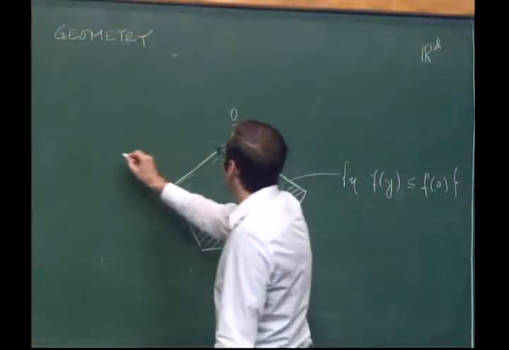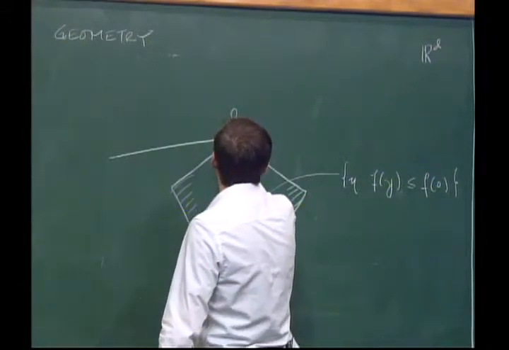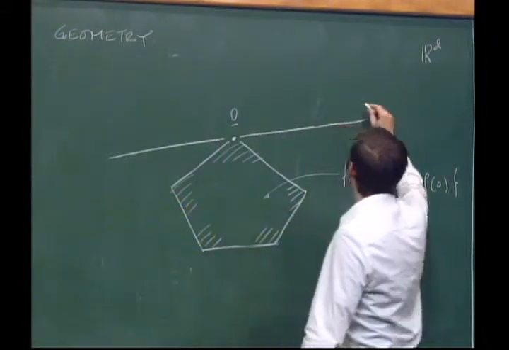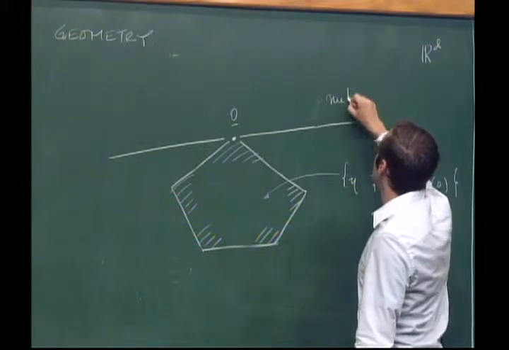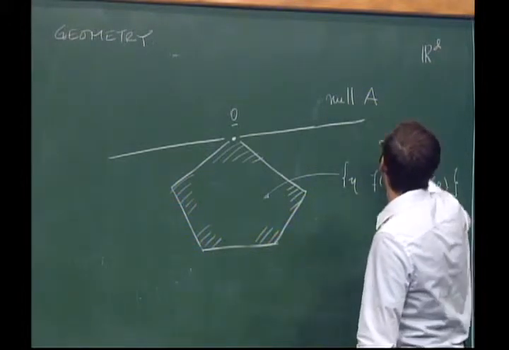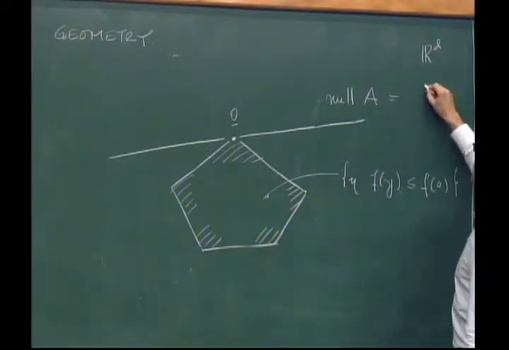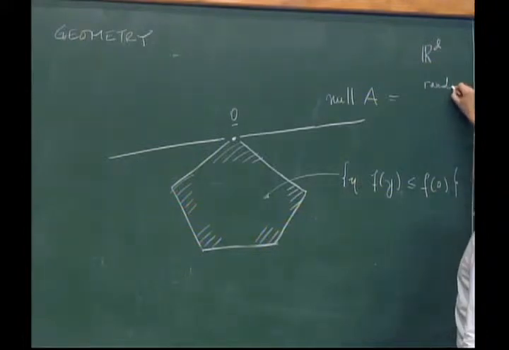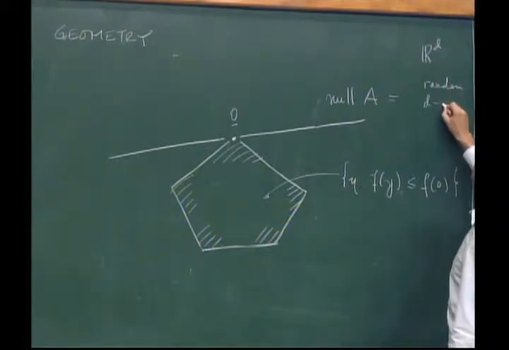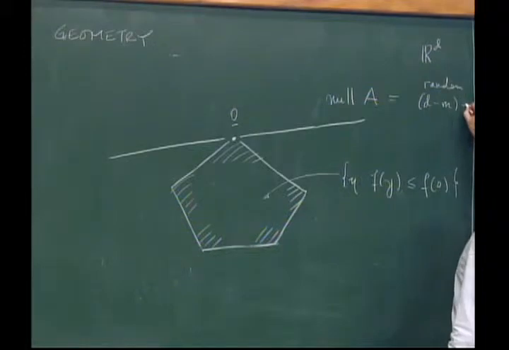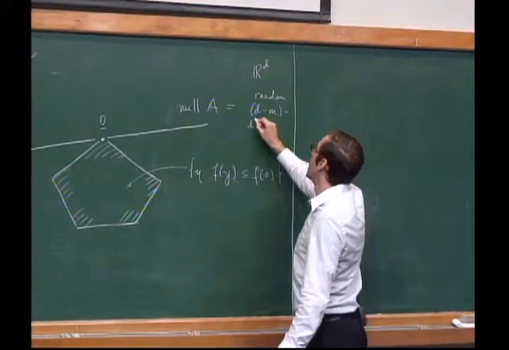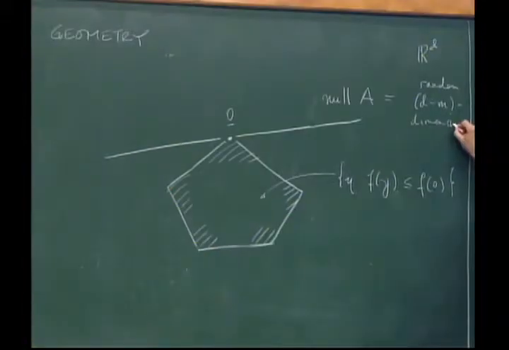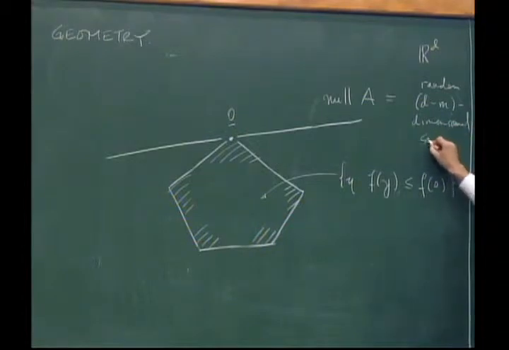And then let's draw in the null space of A. And this is a uniformly random d minus m dimensional subspace.